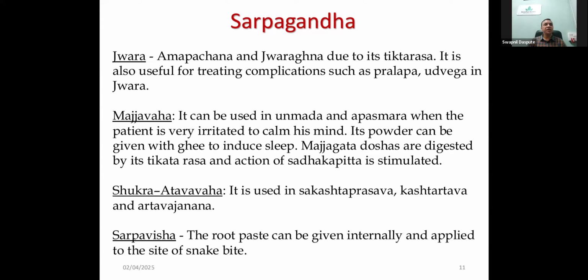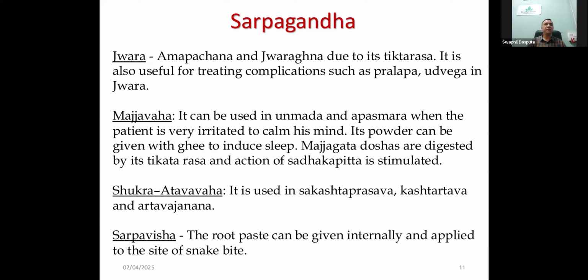In Majjavaha srotas, it can be used in Unmada and Apasmara. Unmada is a group of psychological signs and symptoms which are seen. It's a disease in which the mind is majorly affected. So Sarpagandha can be used in Unmada and Apasmara convulsions when the patient is very irritated. To calm his mind, Sarpagandha can be used.